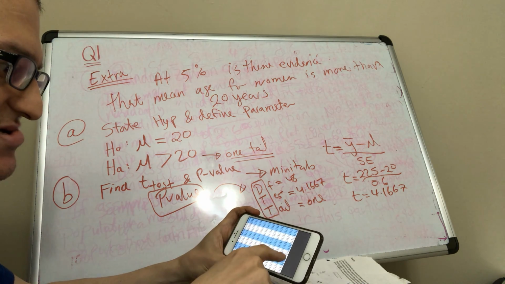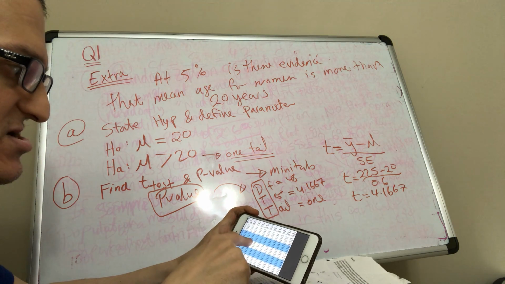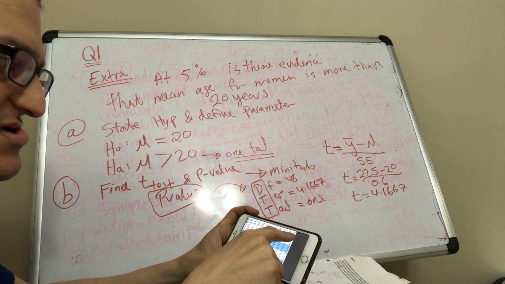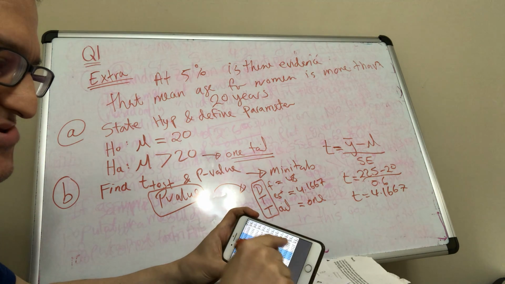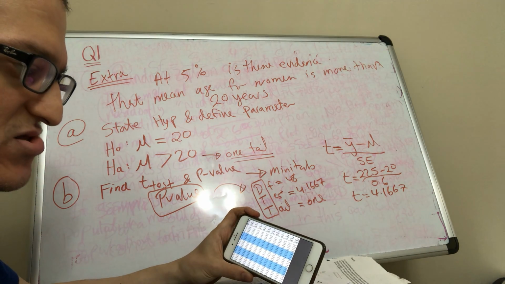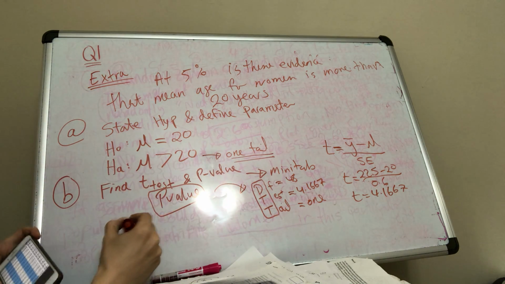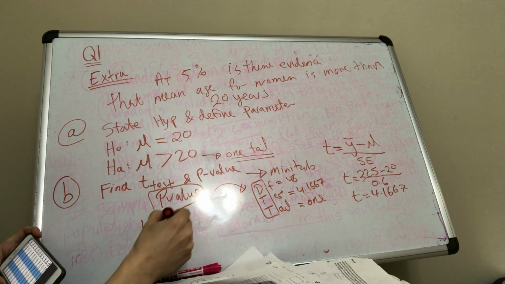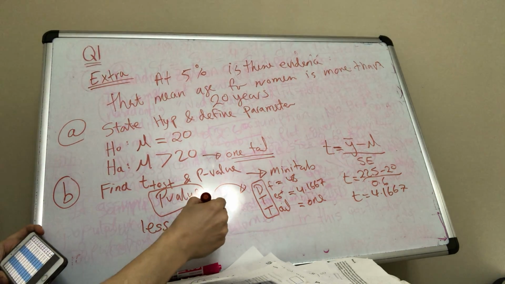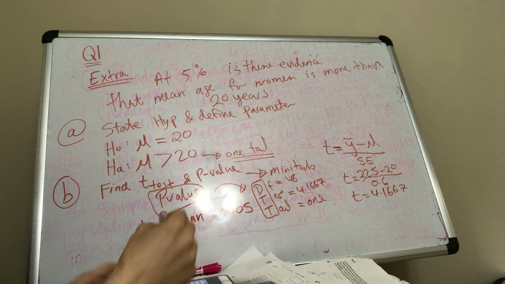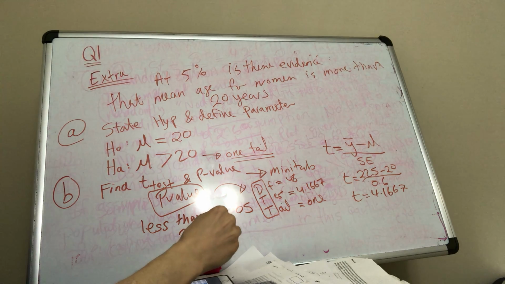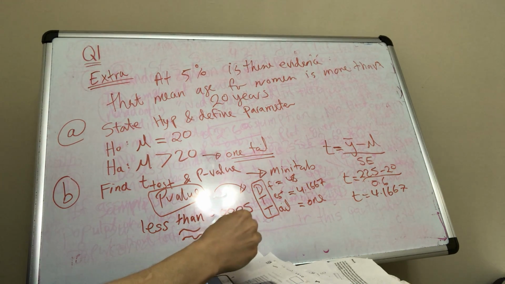I'm more than this, so I go up to the one-tail percentage. Anytime the number becomes larger, percentage becomes smaller. So the p-value must be less than 0.005. It's a very, very small p-value, almost 0%.